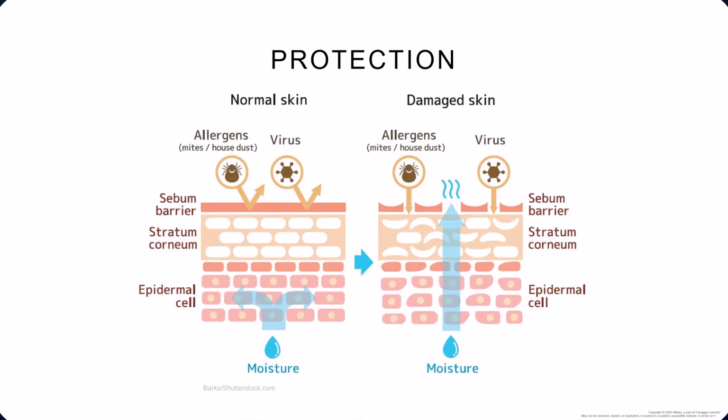The acid mantle has an average pH of 5.5, which makes sense because that would be slightly acidic. That's why it's called the acid mantle. So having that balanced pH of 5.5 is important to protect our body from pathogens and to regulate enzymatic functions.